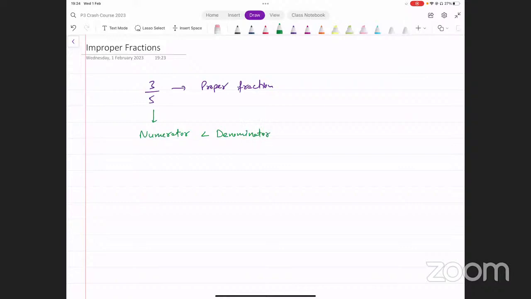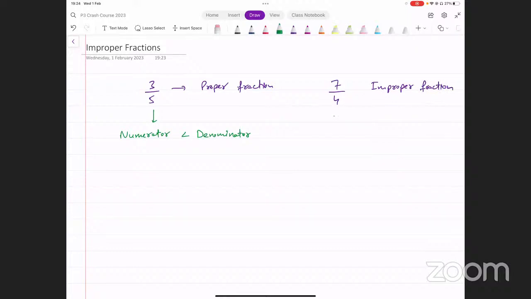This is a proper fraction. But on the other hand, if you had something like 7 over 4, this is an improper fraction.